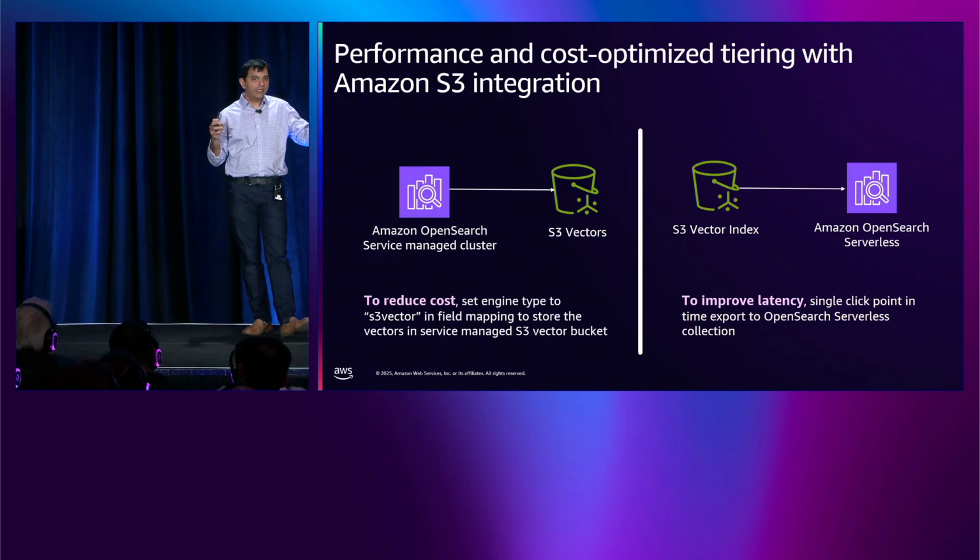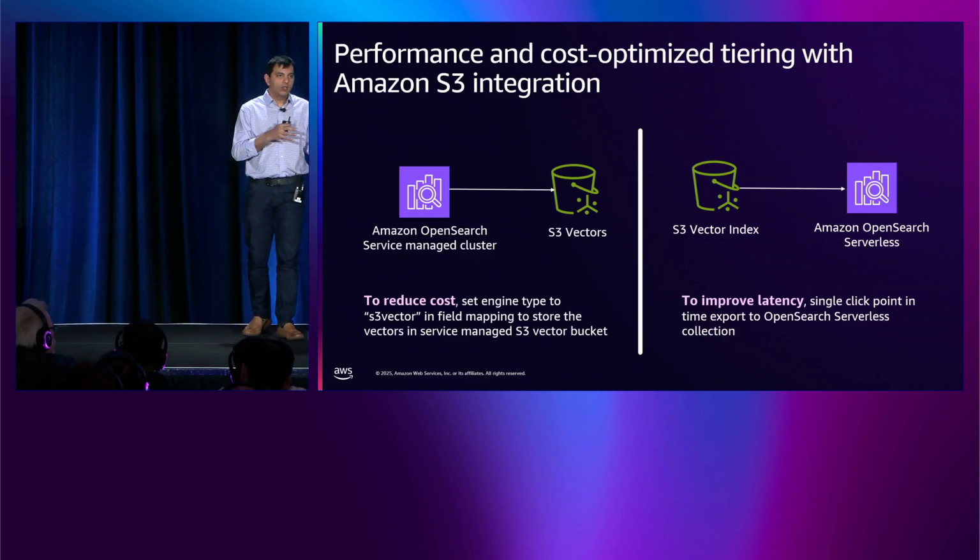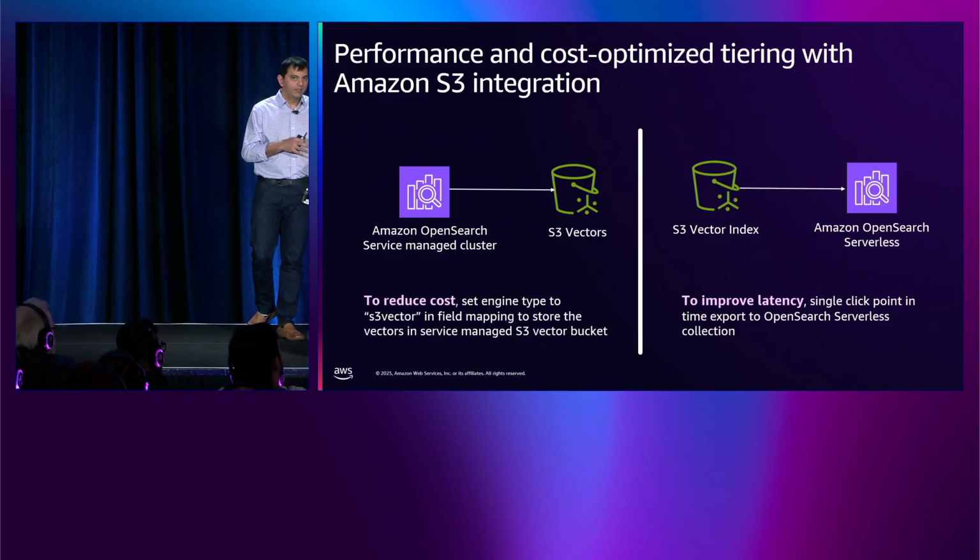That way you have the vector embeddings in S3, the lexical index in OpenSearch, and when you get a query, you're able to do the vector search using S3, you're doing the regular search using OpenSearch, and you can combine those results and still do hybrid search and get all of the rich OpenSearch functionality while getting the low cost of S3 vectors.